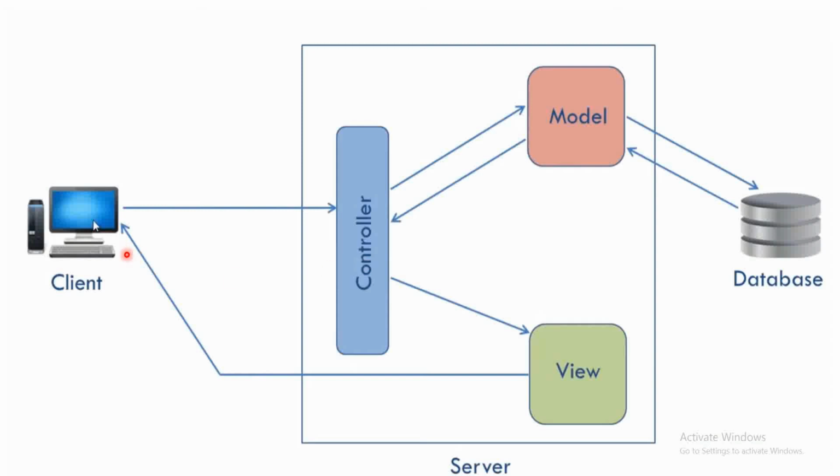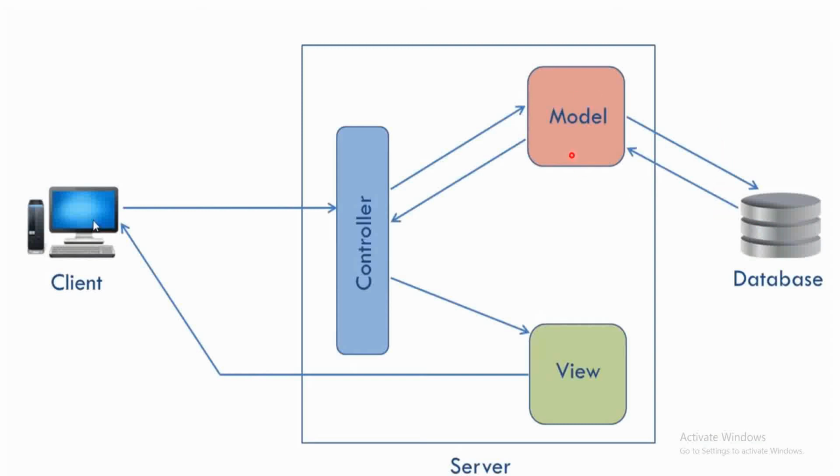Now let's look at the overall flow of this. Our client will first send a request to the server, then the controller will take the request and pass it to the model, and then the model will interact with the database, and in the process it may also execute some business logic if required.